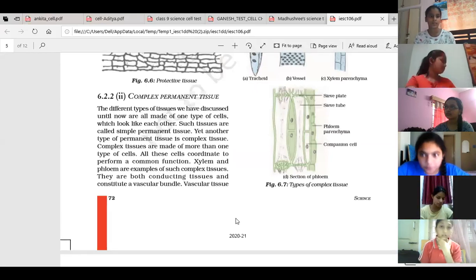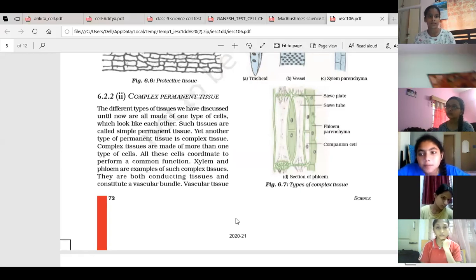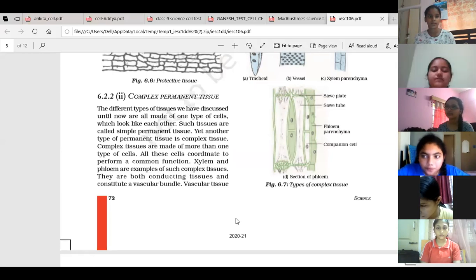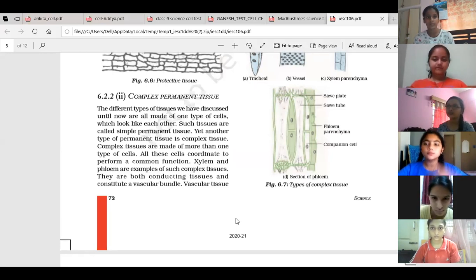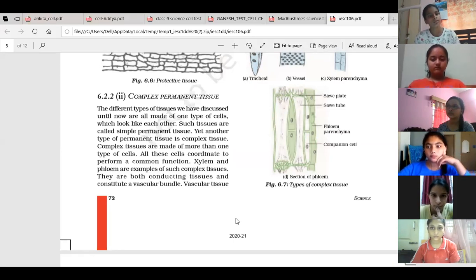So you can take the example of simple permanent tissues. But in complex permanent tissues, 4 to 5 different types of cells are there. Their functions are different from each other, but all together they are completing one single task.